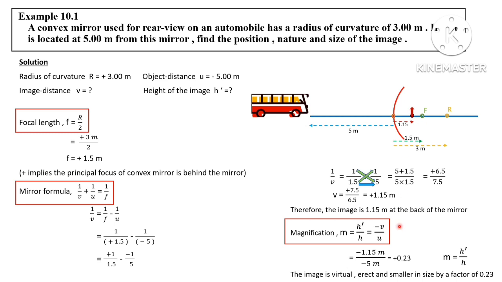So we can say the image is erect and it is smaller in size by a factor of 0.23 because the magnification which we got here is plus 0.23. So we can say that the image is smaller in size by a factor of 0.23. Okay, so we can draw the image like this. The image is smaller than the object, it is virtual, and it is upright or it is erect.